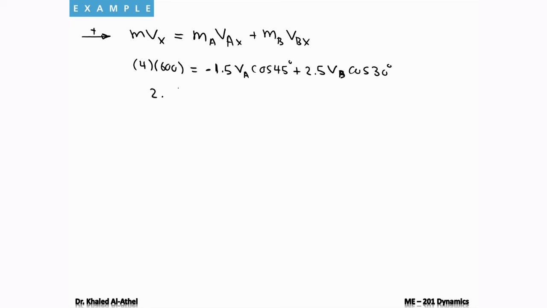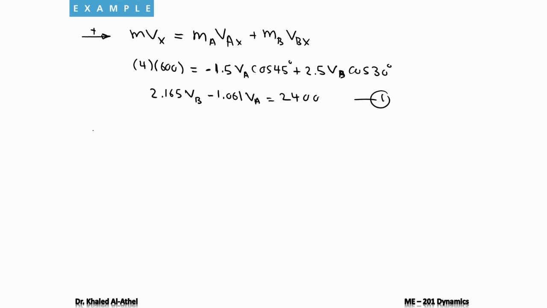So it's going to be 2.165 VB minus 1.061 VA should equal 2,400. And this is equation 1.